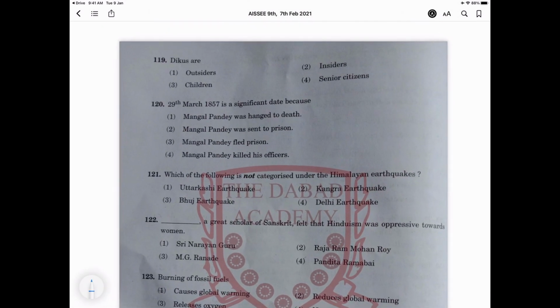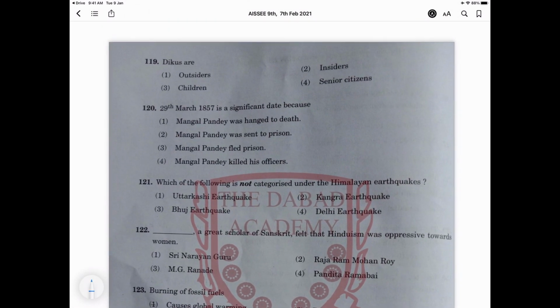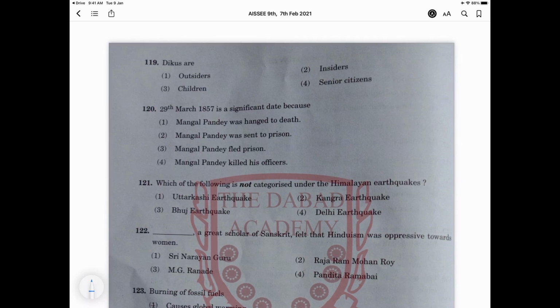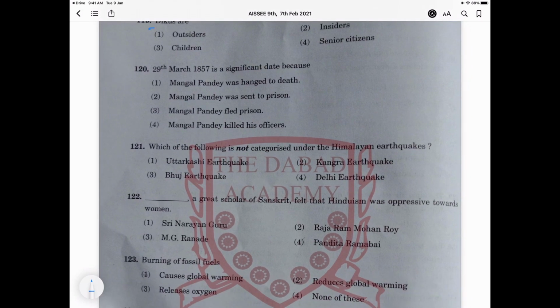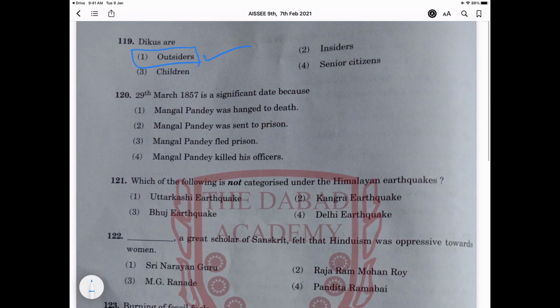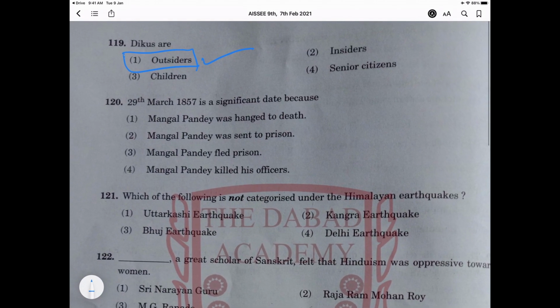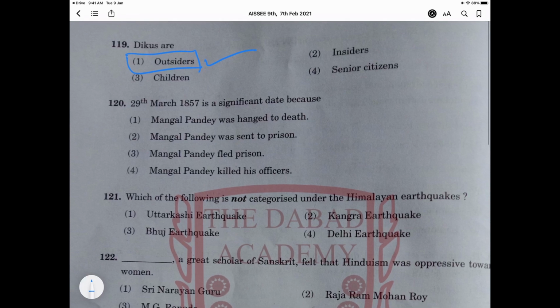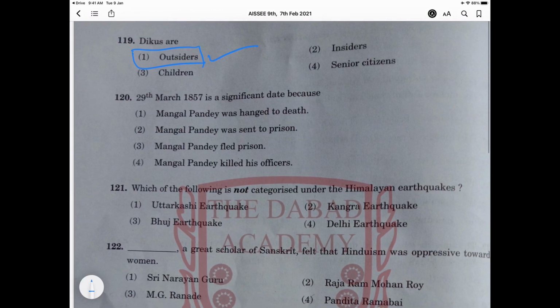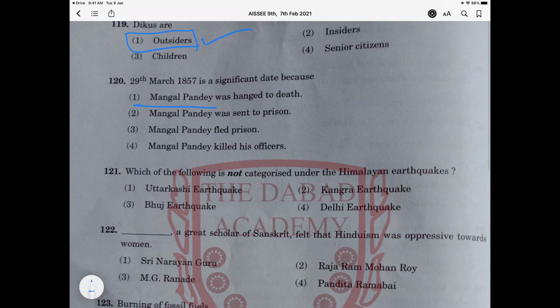In question number 119, Dikus are outsiders, right? So this is the answer for question number 119. In question number 120, 29th March 1857 is a significant date because on this date Mangal Pandey was hanged to death, right?